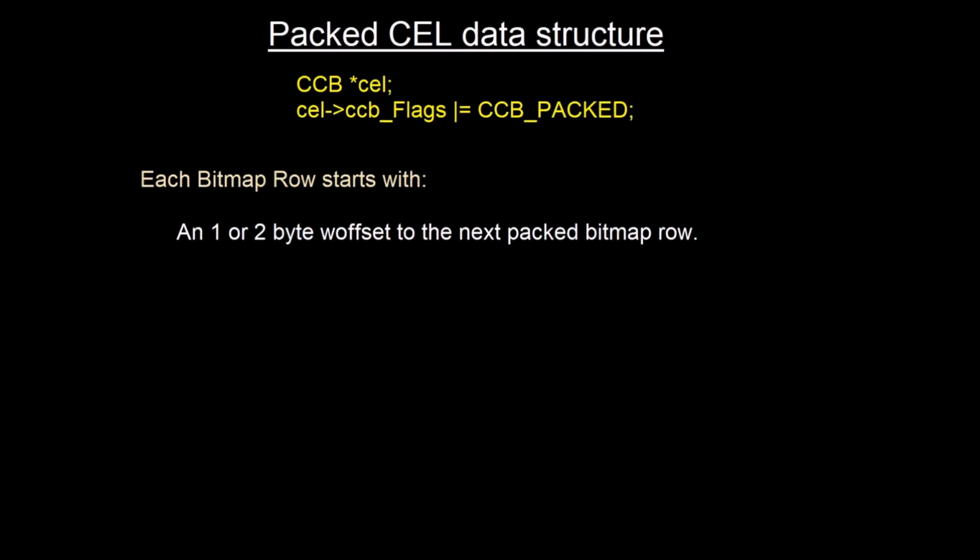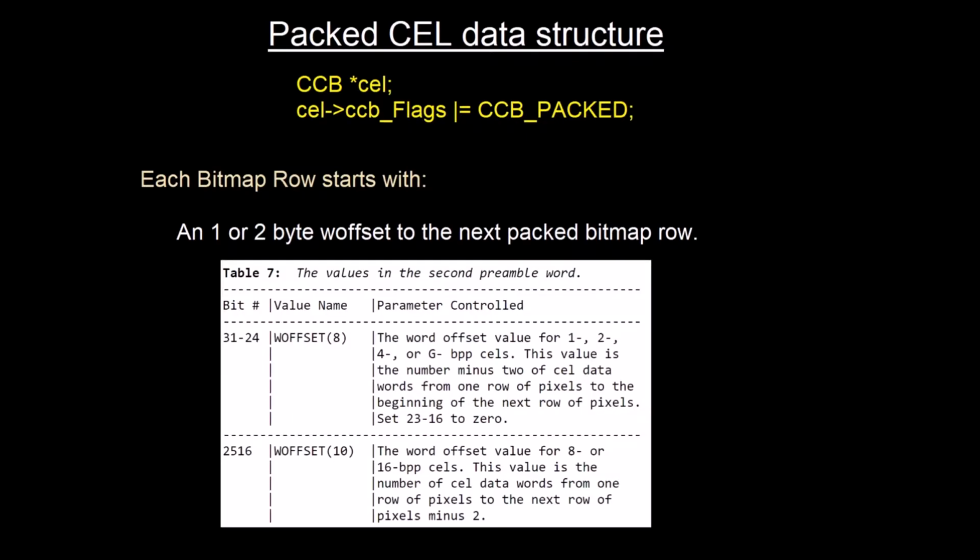It has to be word aligned. So if you packed it and it was 11 bytes, you have to pad it with 1 byte to make it 12 bytes, divided by 4 exactly. And why is it 1 or 2 bytes? Because this W offset is very similar to the one in the second preamble.